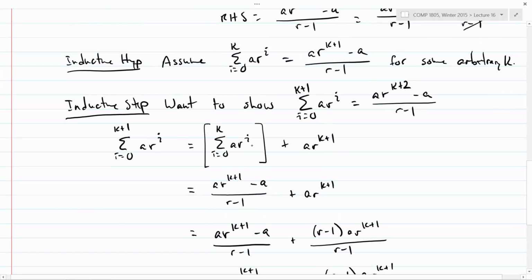Yeah, so the sum from i equals 0 to k plus 1 is the same as the sum from 0 to k plus that last term. Right? It's just a different way of writing the summation. If I want to sum up from 0 to k plus 1, one way to do that is to sum up from 0 to k and then add on the last term manually, if you like. Other questions? So this kind of trick is almost always what you'll do for these.